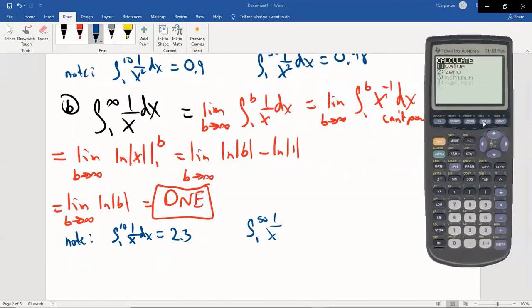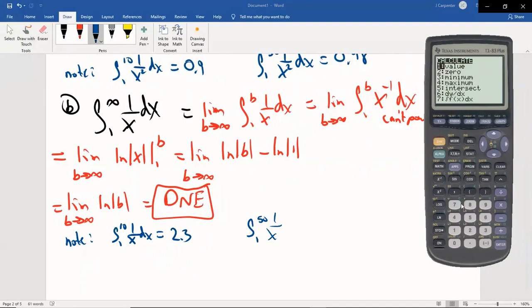What happened? Lower limit 1, upper limit 50. Is my window off? Oh, my x max. I have my x maxes and y maxes swapped. The x max was supposed to be 50. The y max was supposed to be 5. Sorry. Okay, now it'll work.